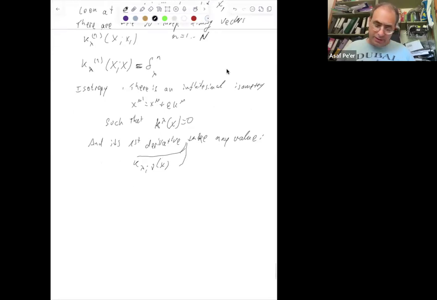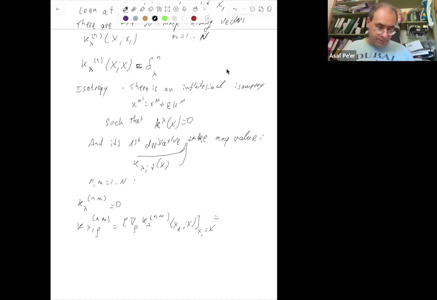So if I write it, in n-dimensional space, n and m go from 1 to n. Then we have that k lambda of n and m is equal to 0, and k lambda rho of n and m, which is the first derivative, is the derivative with respect to rho of k lambda n m from x1 and x, where x1 is equal to x.